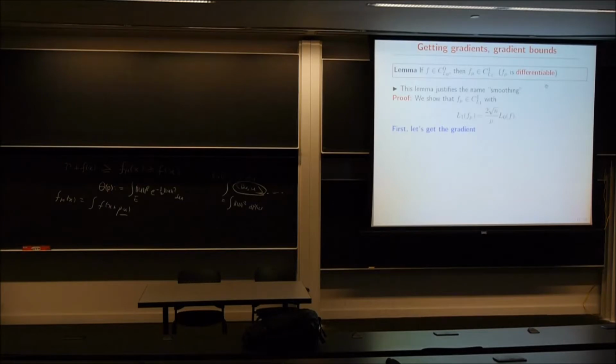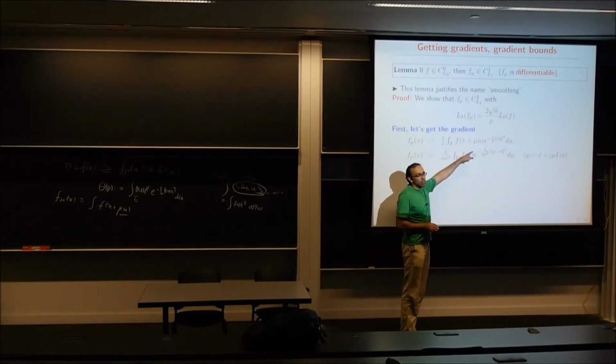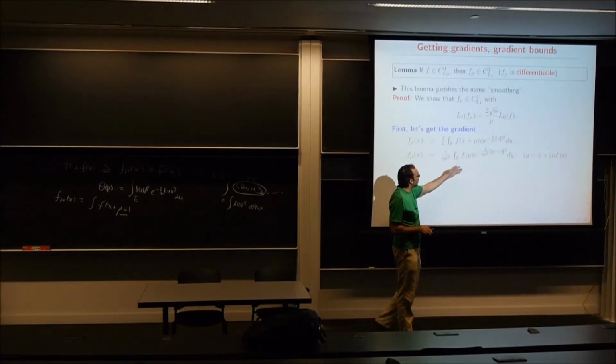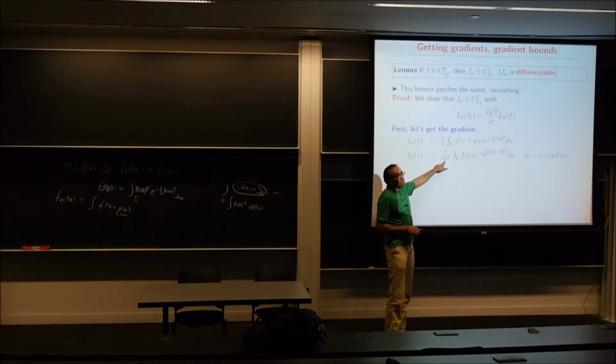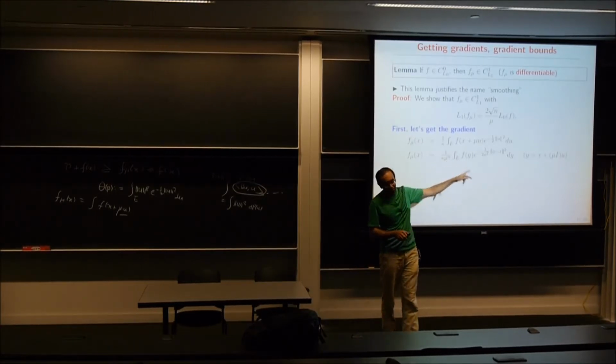Okay, so let's try to get the gradient. Let's see what the gradient of f mu is. So f mu, this is the definition. I'm just rewriting it. I'm just making a change of variables here in the integral. The integral is over u. I'm going to make a change of variables to y. So there will be a mu to the power n term, which comes from the Jacobian determinant when you make a change of variables.